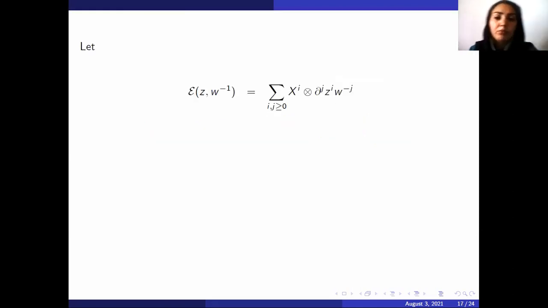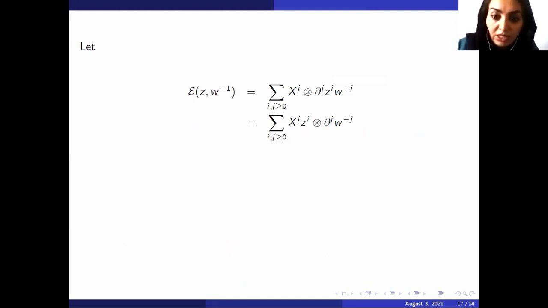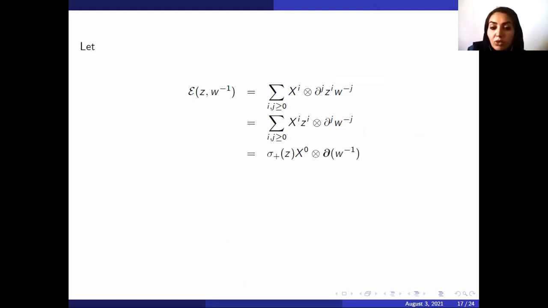Now, consider the generating function as we had before. This is the same generating function of GLD. We can write it in this form: Xizi tensor delta J W minus J. And so we can write it in our notation as sigma plus Cx0 tensor delta W minus 1.